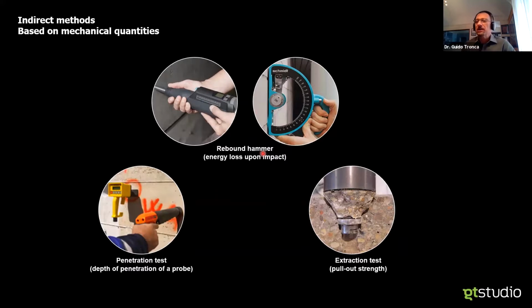And so we are measuring a rebound distance or a rebound velocity, or we can measure the amount of penetration that a specific probe can reach when projected with a given energy into the surface, or we can measure the force needed to pull out a specific insert. In all these cases, we are dealing with a mechanical quantity related to the final quantity to be measured, which is concrete strength in this case.